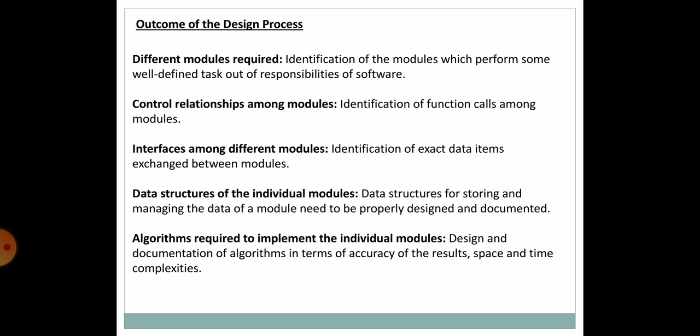Among those, the first one is the different modules required. In the design process, we must identify the different modules of a software. The different modules in the solution should be clearly identified.